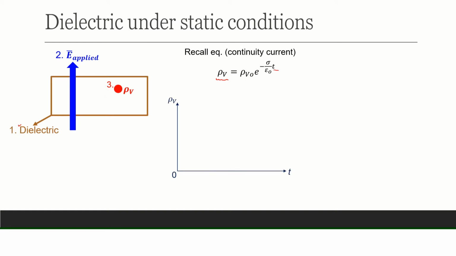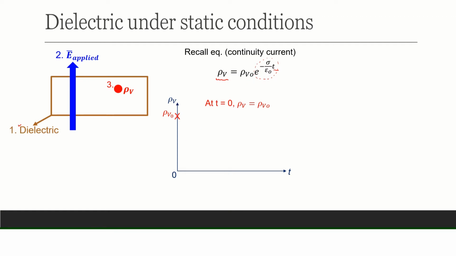We have two axes here: rho v as the y-axis, and time as the x-axis. First, let's look at when the time t is equal to 0. What will happen to our rho v? When time is equal to 0, this exponent component will be 0, and therefore our rho v will be equal to rho v naught.